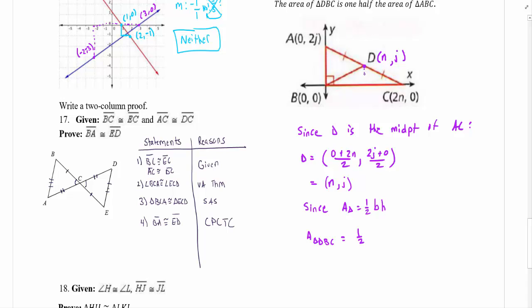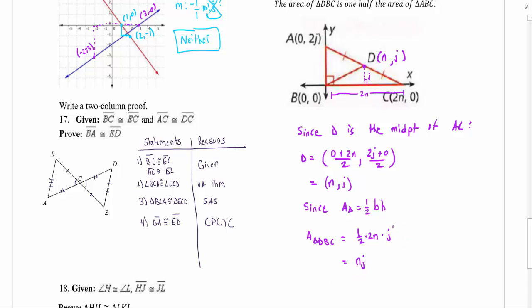We need our height. I'm going from 0 to j, so the height is j. The base goes from 0 to 2n, so the base is 2n. So it's 1/2 base, which is 2n, times height, which is j. That cancels, and I get nj for my area.